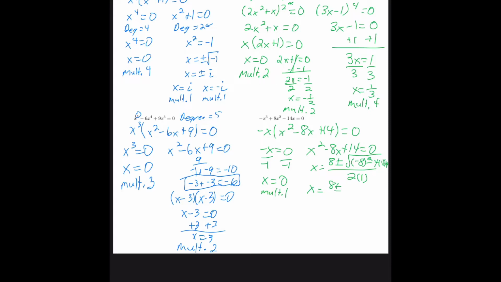So it's x equals 8 plus or minus the square root of 64 minus 4 times 14. I think is negative 2. That's 8. Sorry.